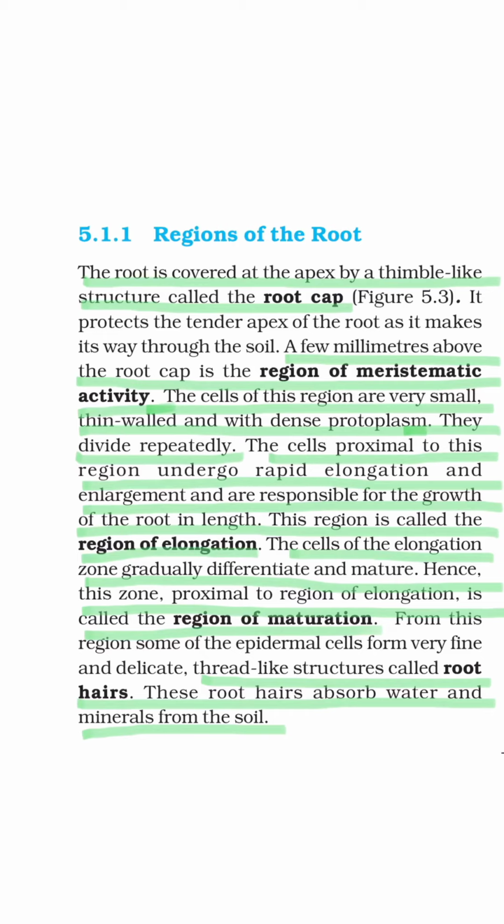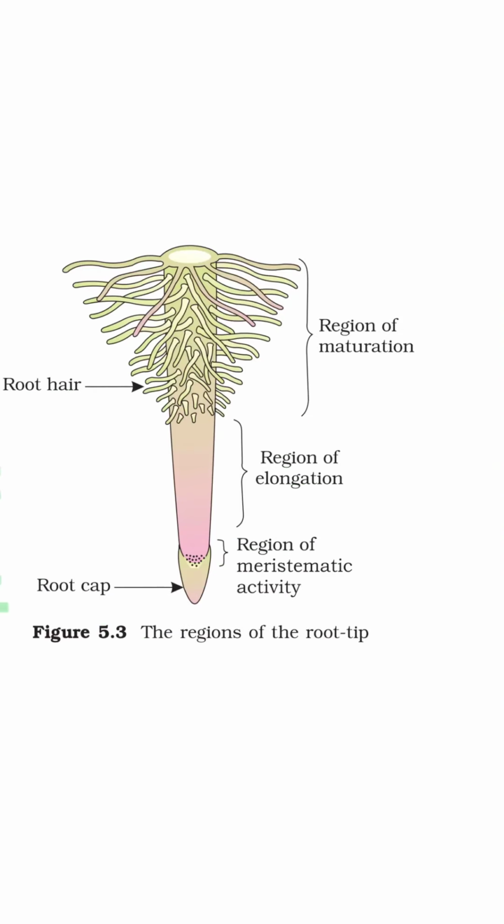Then it is followed by the region of maturation. Here the cells of elongation gradually differentiate and mature. All these cells which have elongated now attain maturity. Now they are allotted different functions, and tissues like parenchyma, collenchyma, sclerenchyma, or whatever tissues are useful, are formed and distributed.